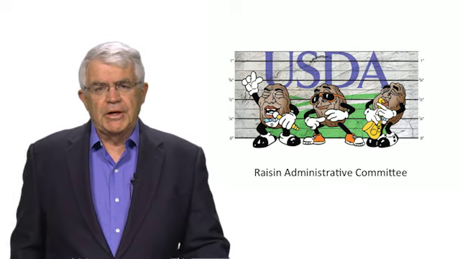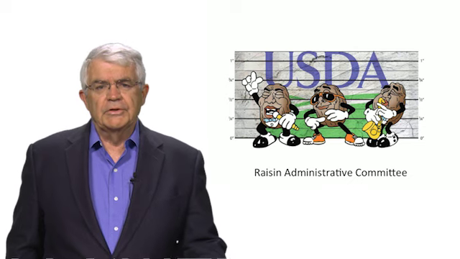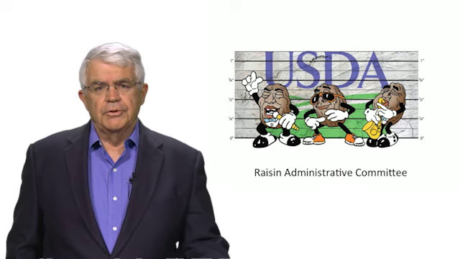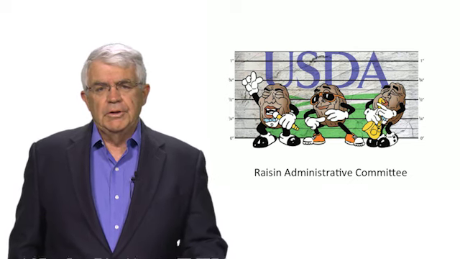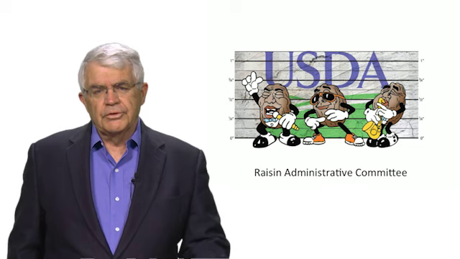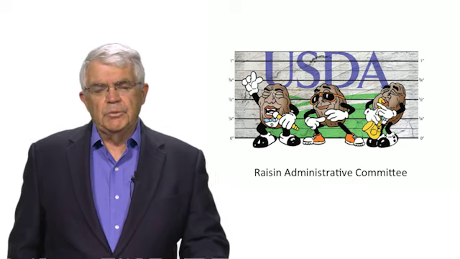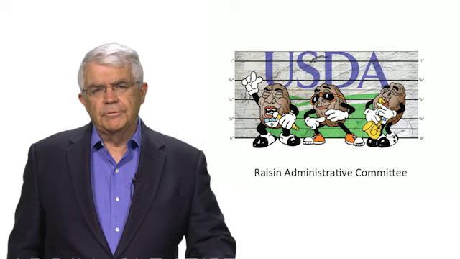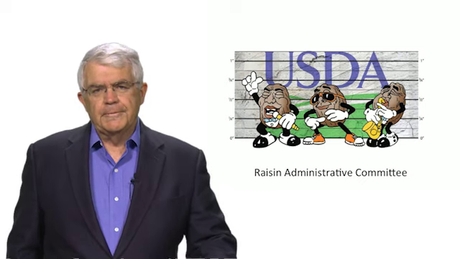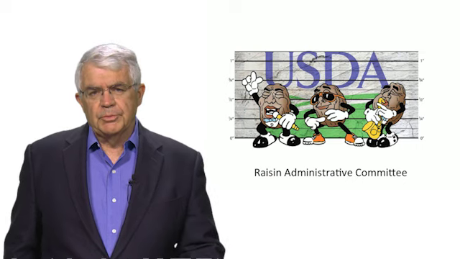And it's caused by a policy in California where there's a group called the Raisin Administrative Committee, and it's really endorsed by the U.S. Department of Agriculture, USDA. And what they do is they take raisins, I should say, from producers, so they reduce the supply.